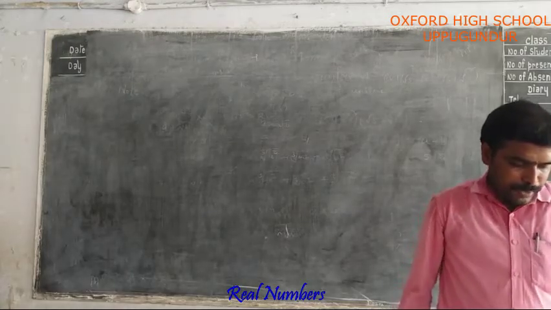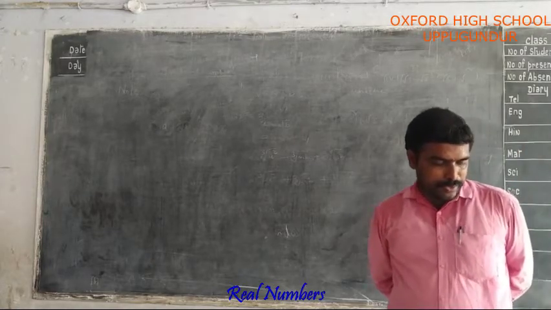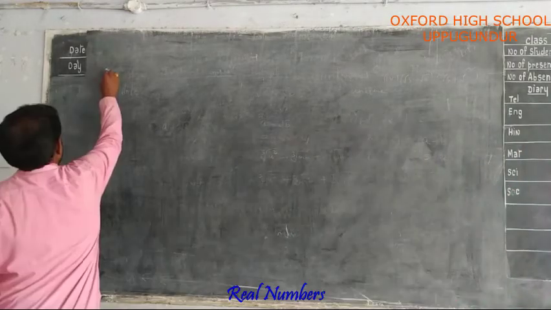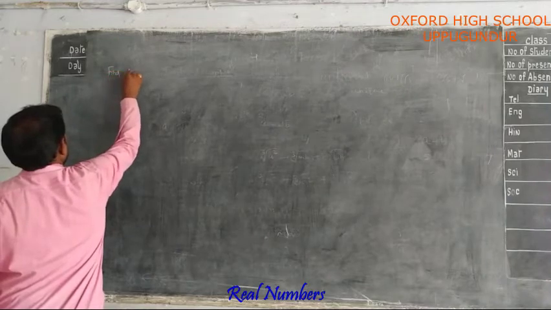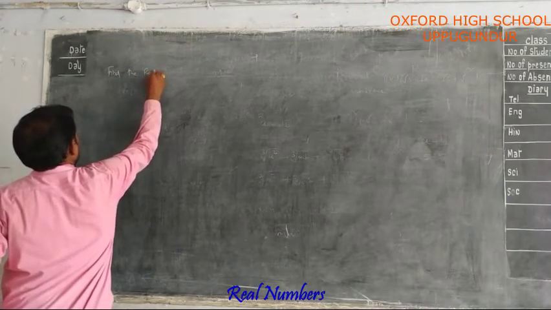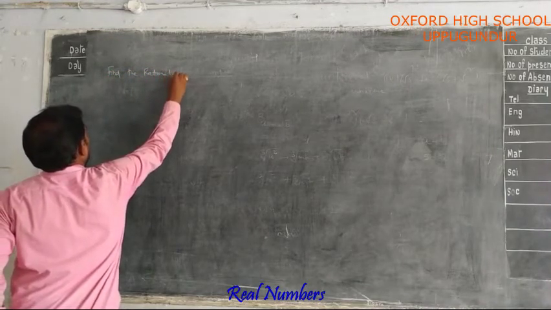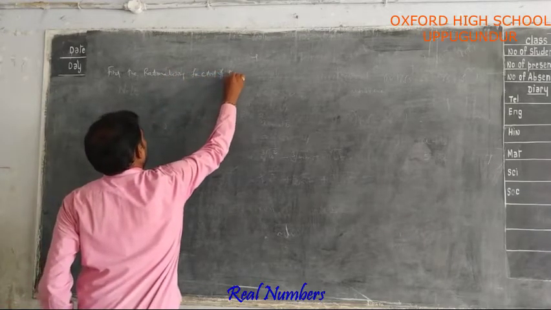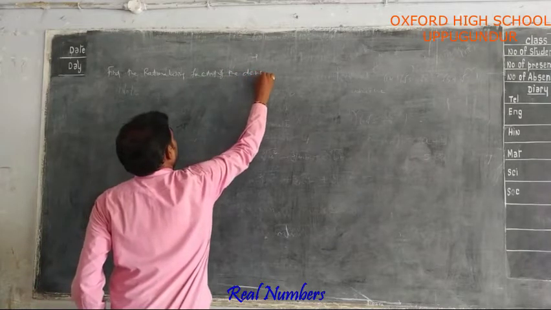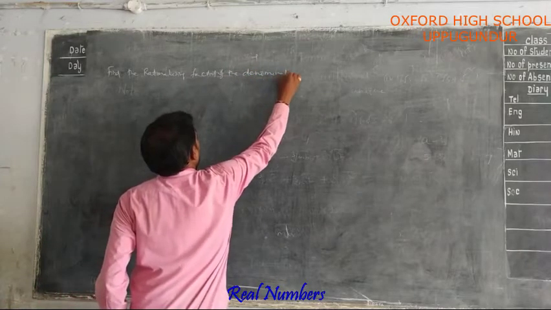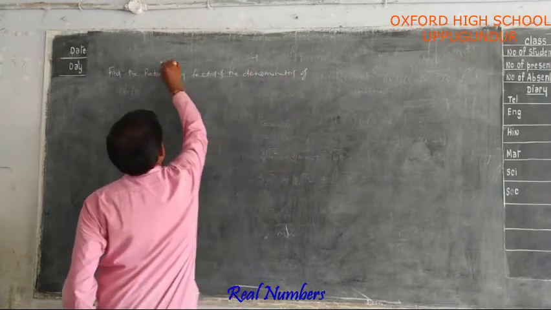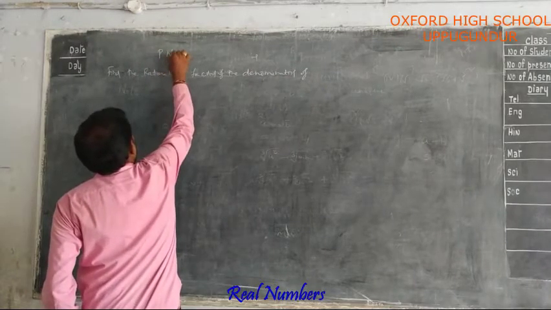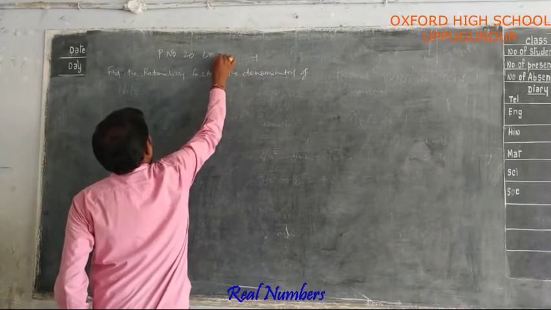Once you see page number 20, do this. Find the rationalizing factors of the denominators of page number 20.